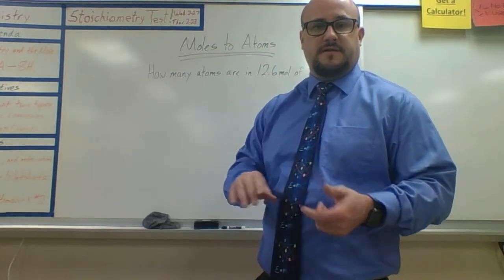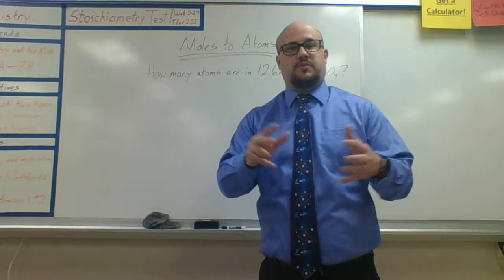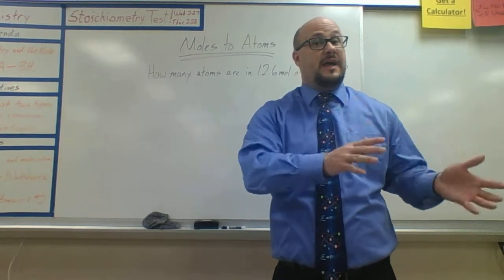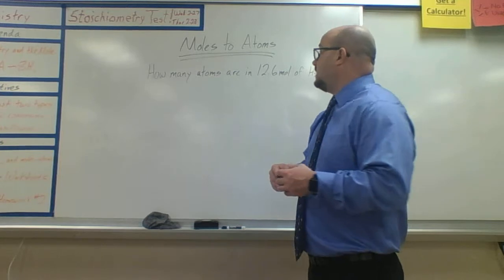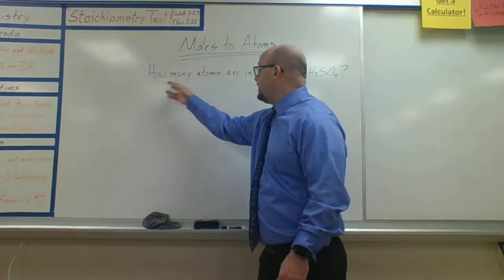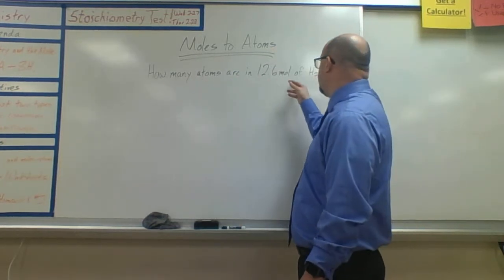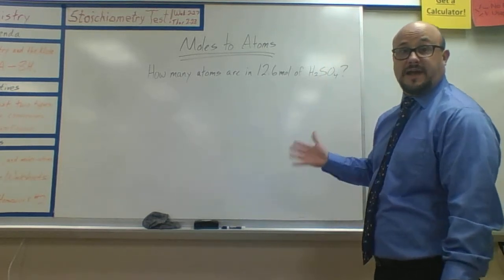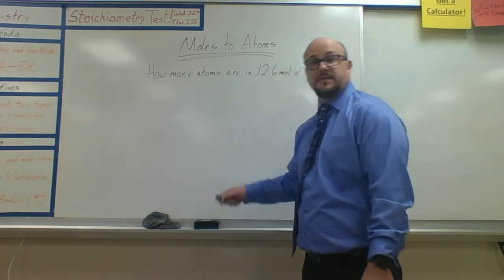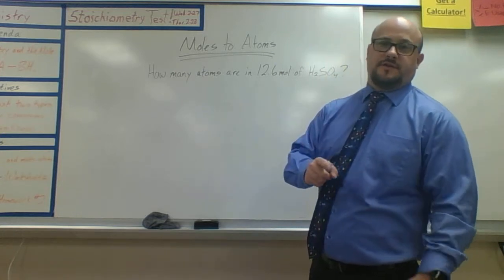This is a simple one-step calculation, but we have to be sure and confident from what we've learned so far. This question asks, how many atoms are in 12.6 moles of H2SO4, or sulfuric acid? Start off with the conversion factor.